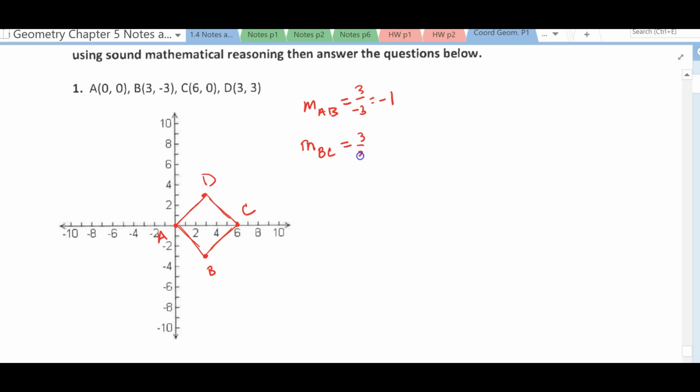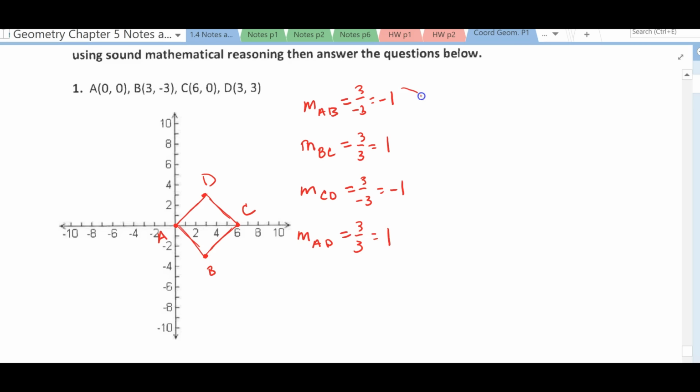So that's positive 3 over positive 3, which is 1. And the slope of CD, up 3, left 3. So that's 3 over negative 3 again, which is negative 1. And the last one, the slope of AD, up 3, right 3, positive both directions, so that's positive 1.